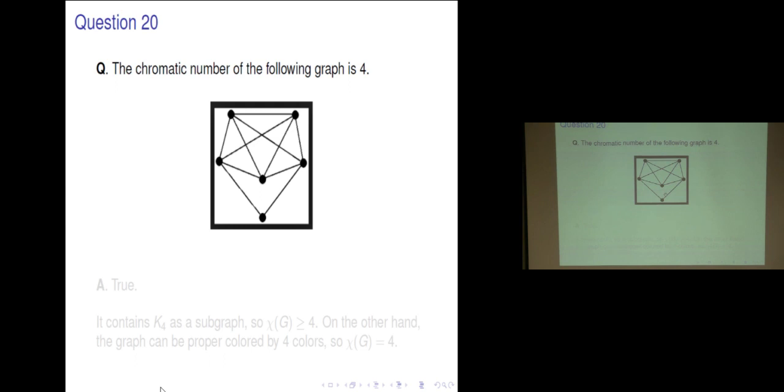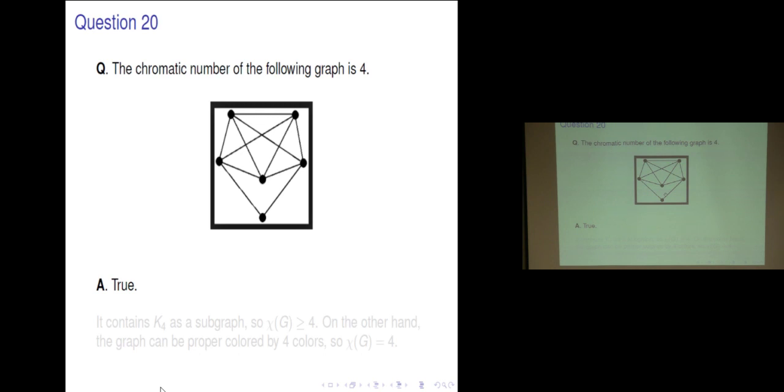Is it correct? Yes. So this is true. There are 2 aspects. First, we cannot use fewer. Secondly, we can use 4. So why can't we use 3? In the lecture, we said if a graph contains a complete graph K4 with 4 vertices, then you need at least 4.